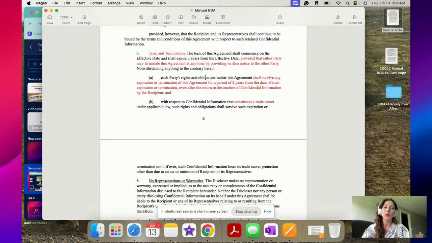So the rights and obligations under this agreement will continue to exist after termination for a period of 2 years from the date of that termination, even after the return of or destruction of confidential information. That's awesome. So it says that even though you've returned and destroyed it, what you're aware of, what might be lingering in your hands, what might still be out there, still is protected for 2 years. So in some ways, it didn't really end the NDA, because it's still protecting the information. Your termination just terminated everything else about the NDA.